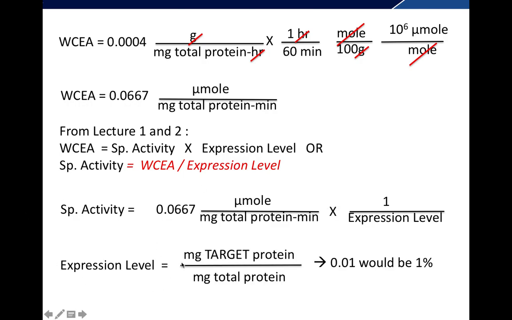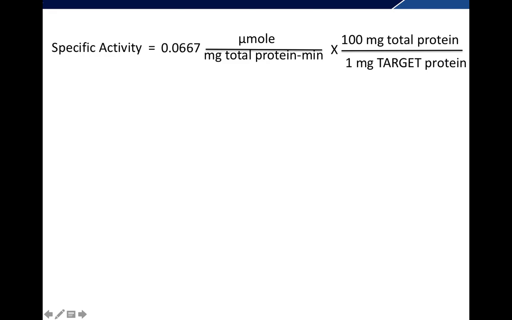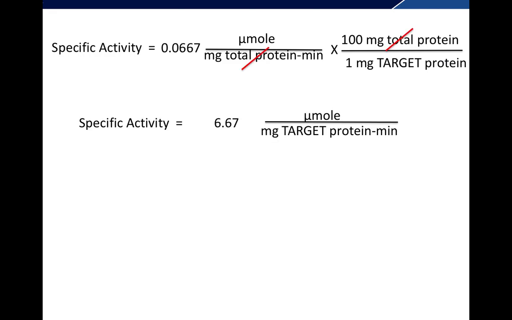If we assume an expression level of 1%, which is usually pretty obtainable, so a pretty easy expression level where we have 1 milligram of target protein for every 100 milligrams of total protein, we can plug that in and calculate the specific activity required, which would be 6.67 micromoles of your product per milligram of the target protein, or the magical theoretical protein, per minute. Right?